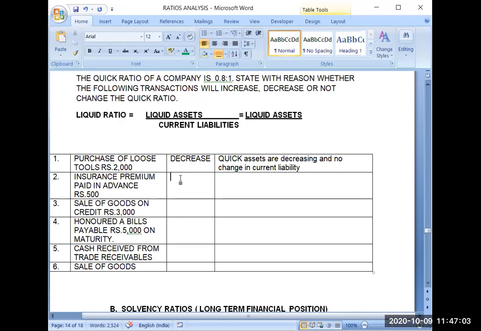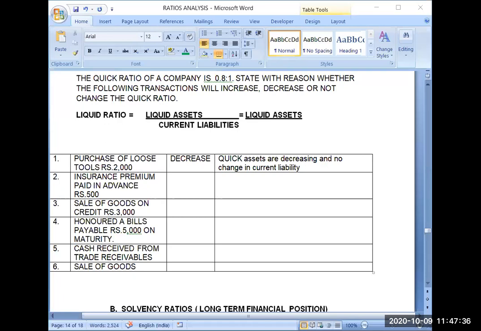Insurance premium paid in advance, rupees 500. Now you are paying insurance in advance, so it will become prepaid insurance. The entry will be prepaid insurance account debit to cash account. Again, your prepaid insurance, your asset is increasing, but prepaid insurance is not part of liquid assets.